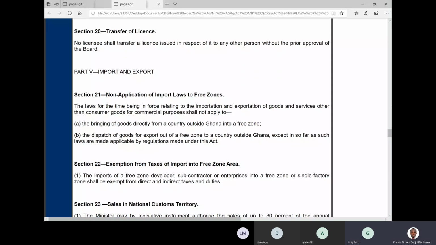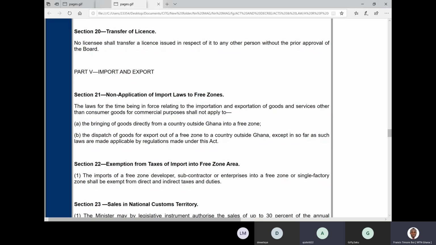But we are saying that because the export zone or the free zone is outside the customs territory of Ghana, all laws relating to importation and exportation will not apply, unless the items are consumer goods.